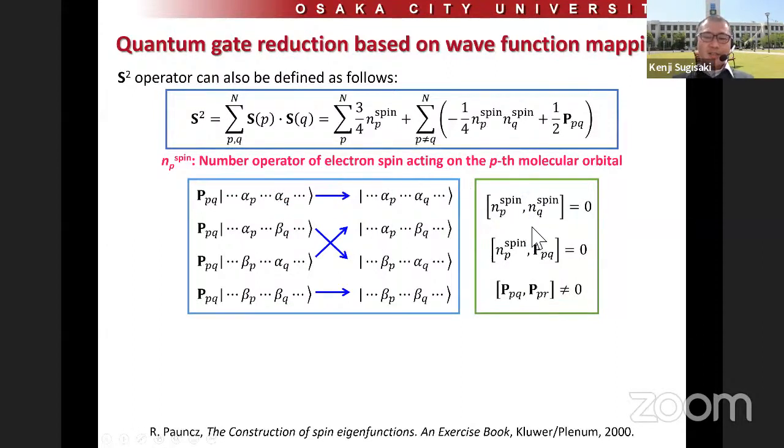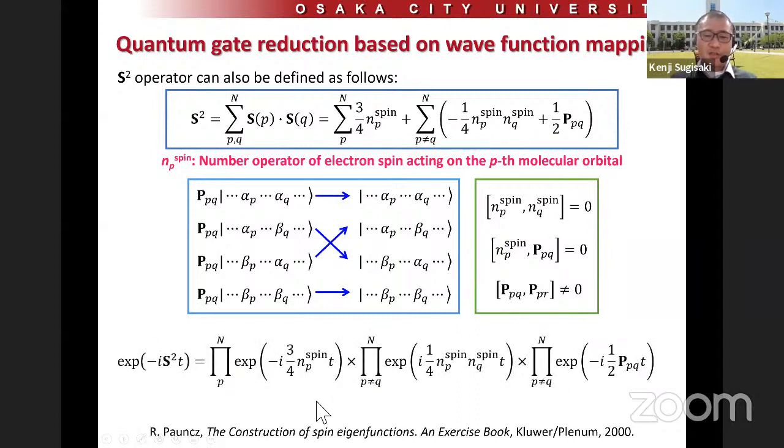You can easily prove that the number operators commute, and number operators and permutation operators also commute. But the permutation operators don't commute. But anyway, if we use this kind of definition, the time evolution operator can be written as shown here using the Trotter decomposition.